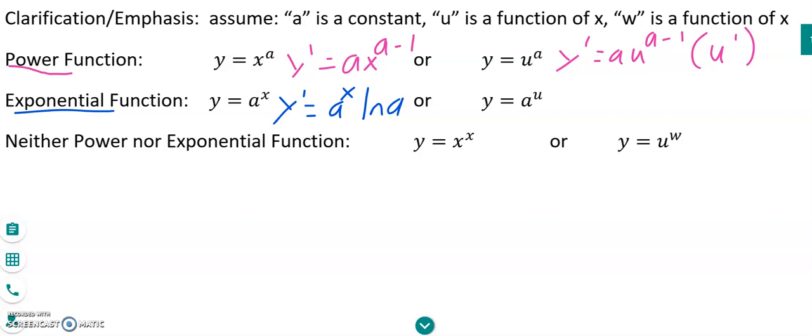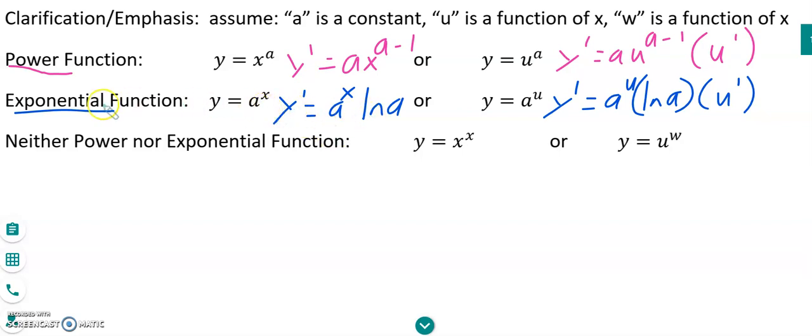And again, if you're confused on how I'm getting that, look back at the video on derivatives of exponential functions. Or here with the chain rule, we have y prime equals a to the u ln of a, and then times u prime or du dx.